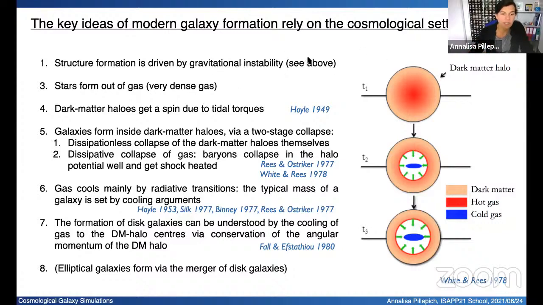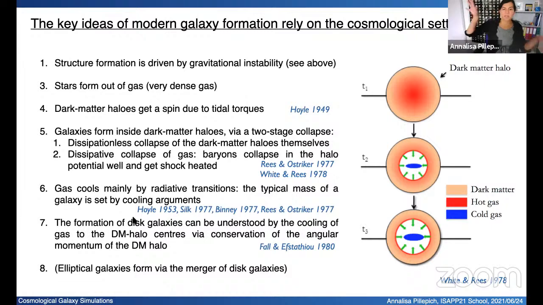First, you have the collapse of the dark matter component, but then the gas follows for a while the gravitational collapse of dark matter. It first undergoes shock heating, but then it can also cool because gas can lose energy via radiative processes. We will see them in a second, and therefore it can fight against the pressure and reach higher density in the center of halos.